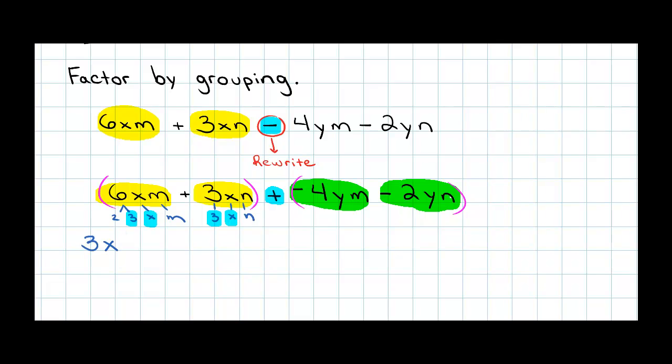So 3x times the quantity, and what's going to be left over is a 2m, and I'll put that plus sign there. And if we divide 3xn by 3x, we're just going to be left with a factor of n. Let's write that n.